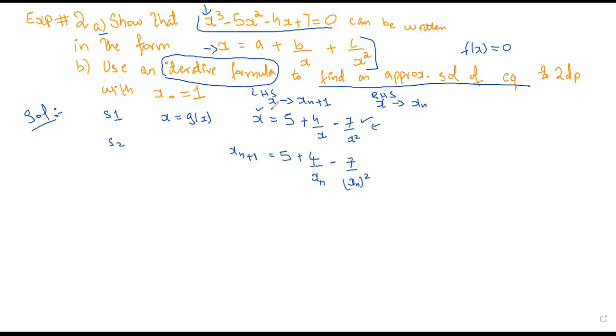And the underlying assumption in your iterative formula is that you will use x0 for x1, x1 for x2. So this is why this is n plus 1 and this is only n. Okay, so this is clear, right?